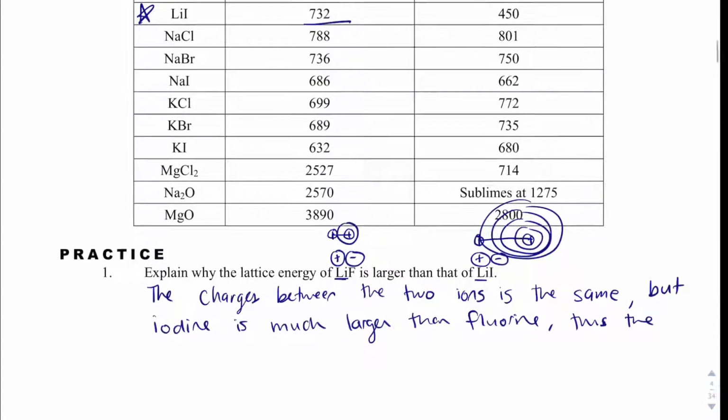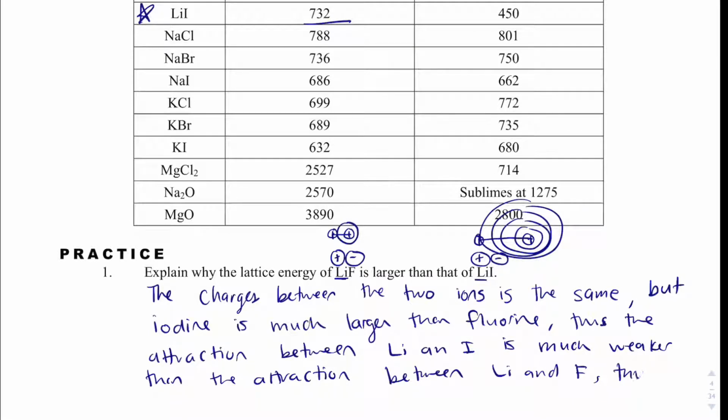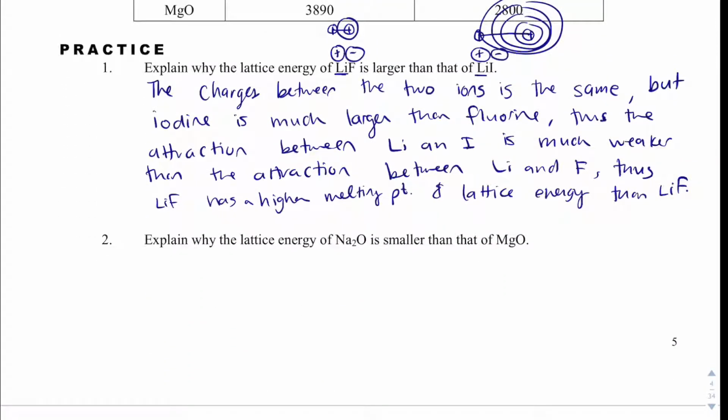Thus, the attraction between Li and I is much weaker than the attraction between Li and F. Thus, LiF has a higher melting point and lattice energy than LiI.